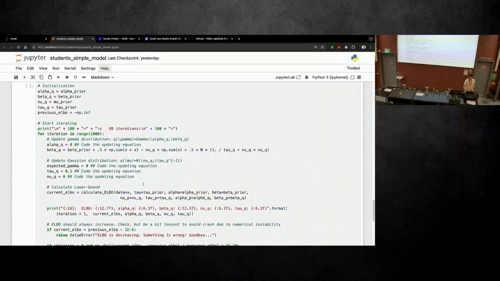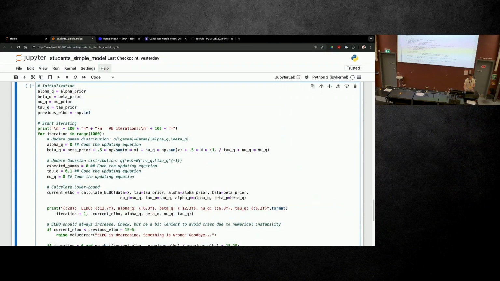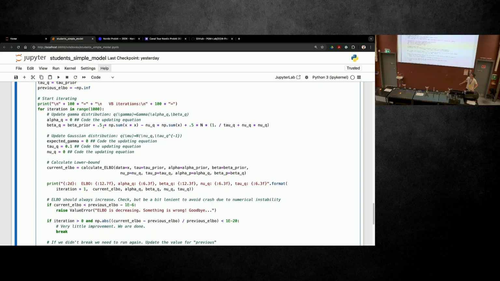And then we have everything implemented here. We have a bit of initialization of our variational parameters up here, and all our variational parameters have a subscript q associated with them, so they're just initialized with the priors. And then we have the updating rule.